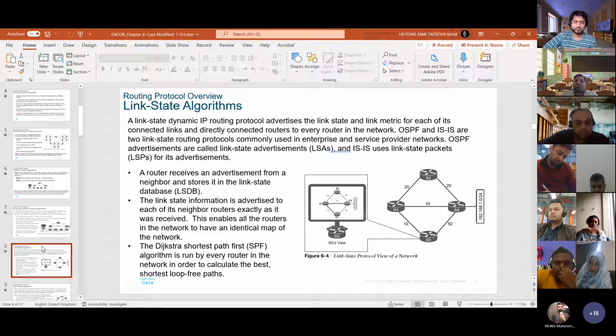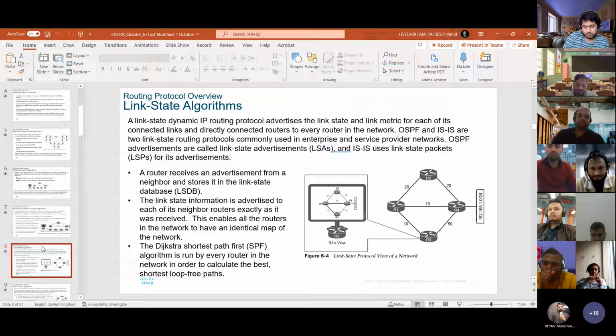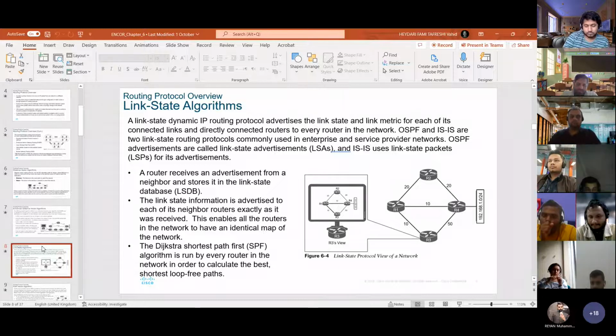Each router calculates the shortest path as a result of Dijkstra's algorithm, to find out the shortest path from each router to any of the advertised subnets. So I think words like LSDB, link state database, now make sense.